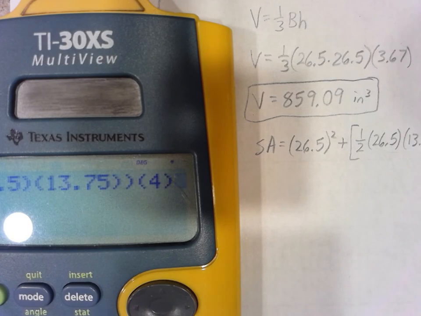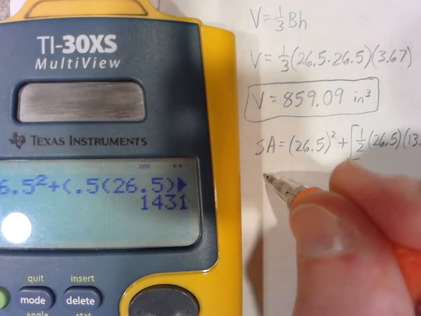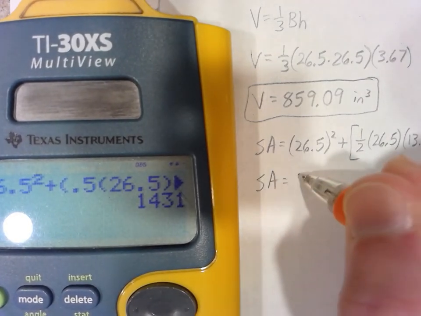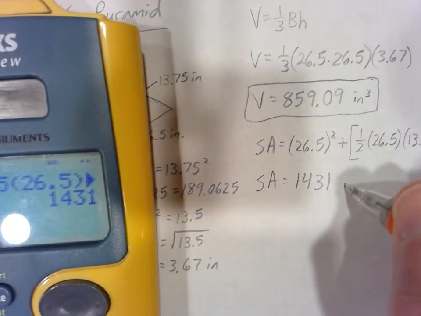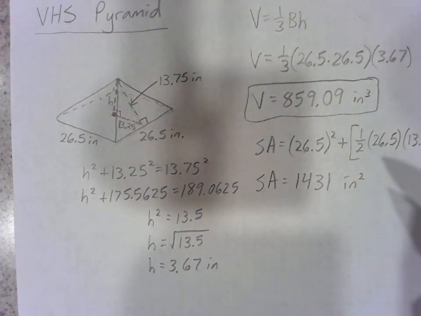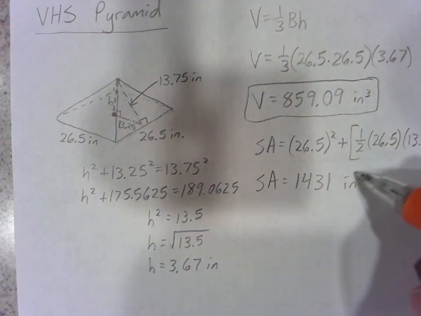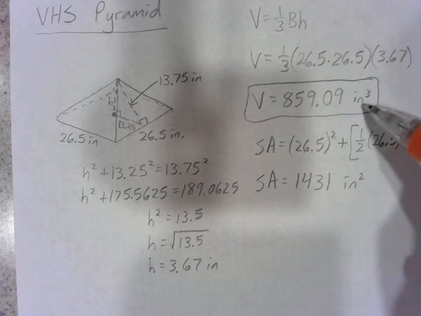So I'm going to multiply that triangle by 4 to find a surface area of 1,431 square inches. Measuring area, we're covering it with squares. Measuring volume, we're filling it with cubes.